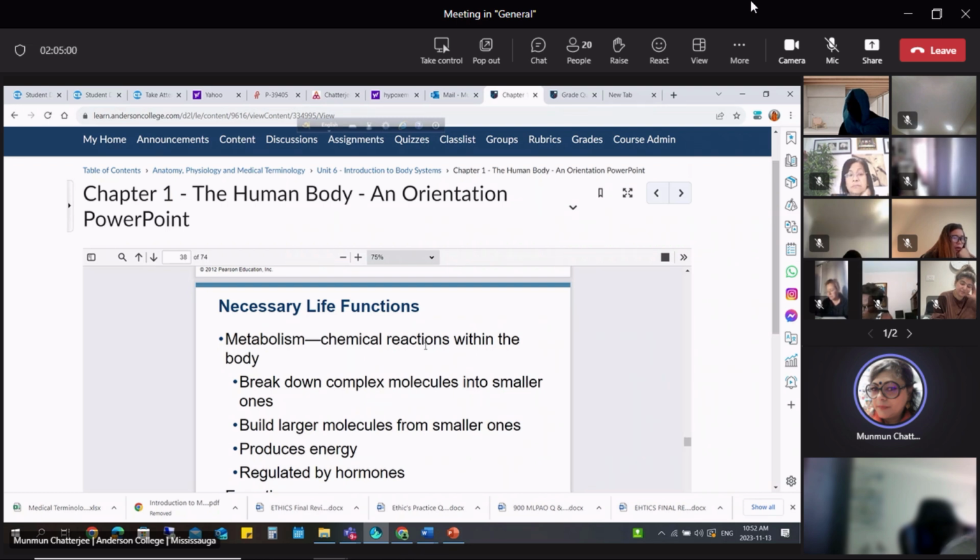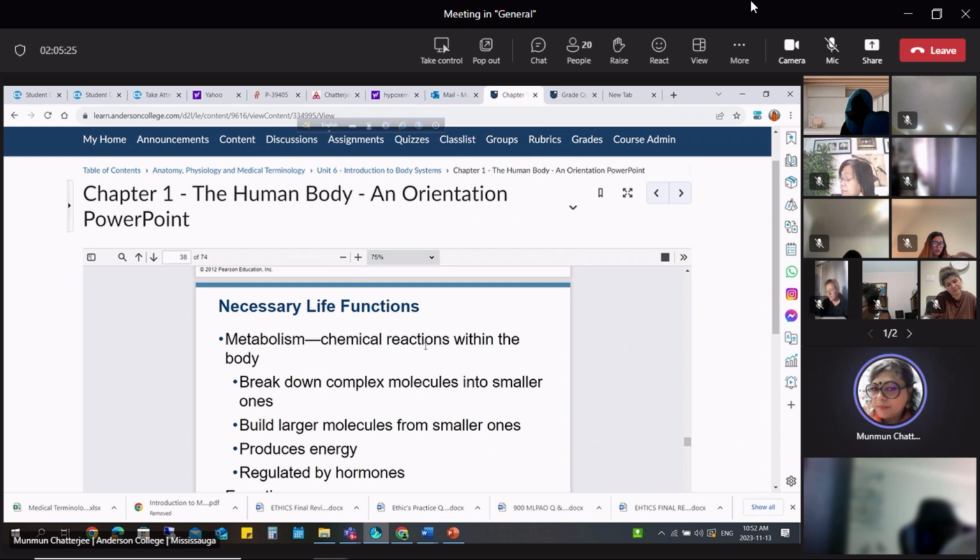So this complex molecule is going to be broken down into smaller and simpler ones, in a simpler format, which can be transported to the blood for further movement.